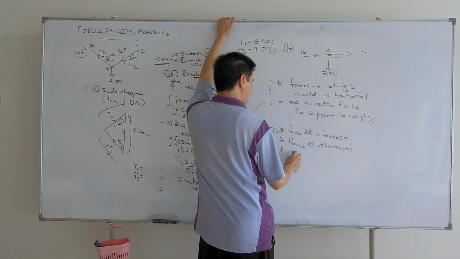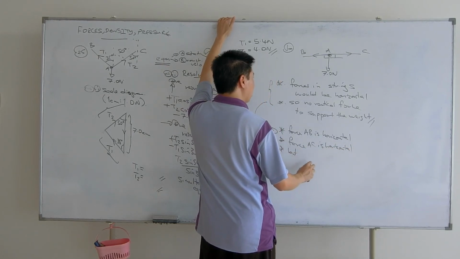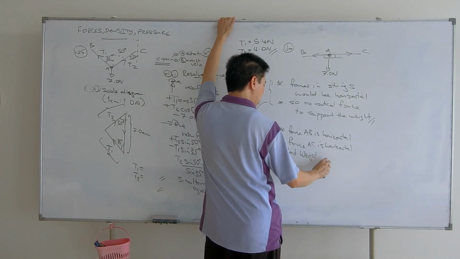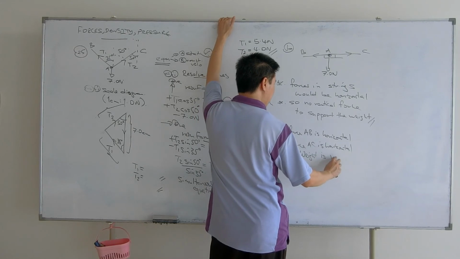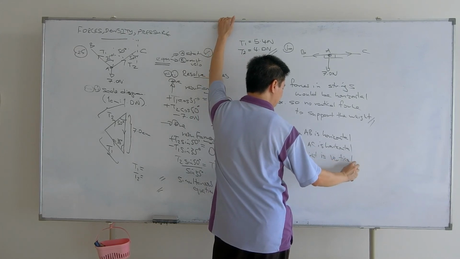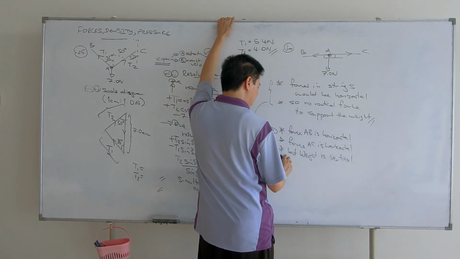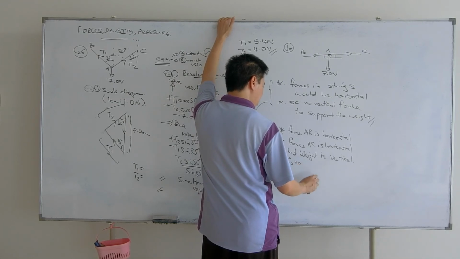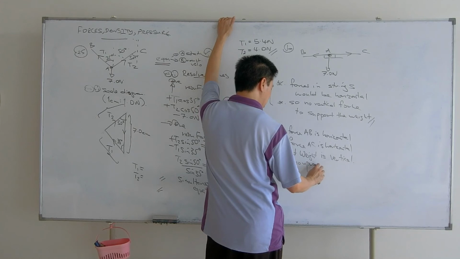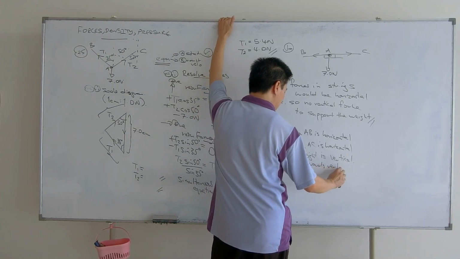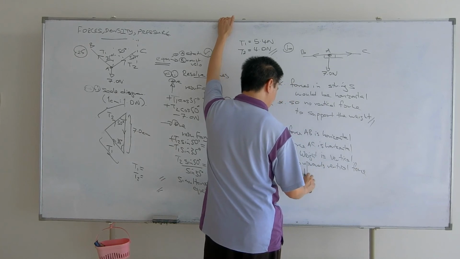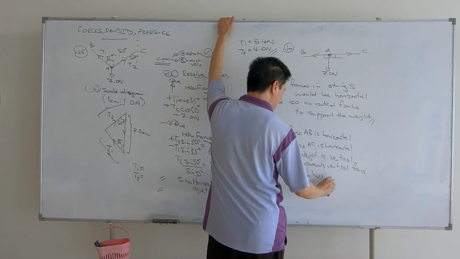But W, or weight, is vertical. Therefore, no upwards vertical force to balance weight.